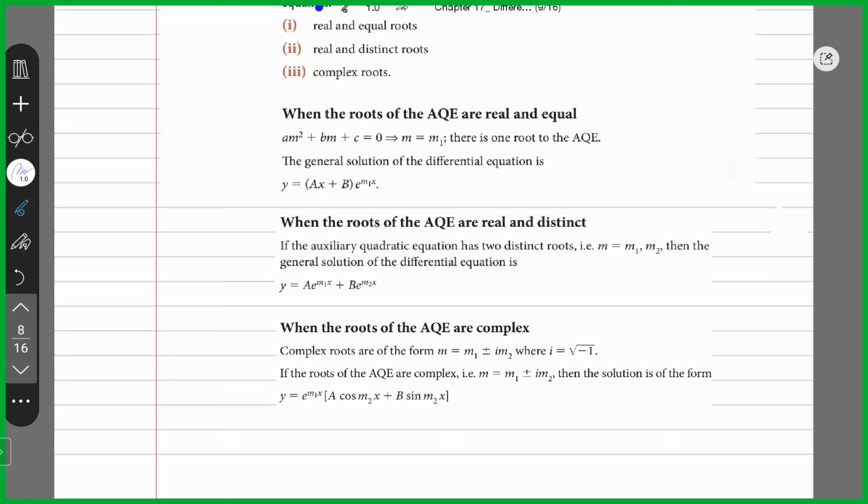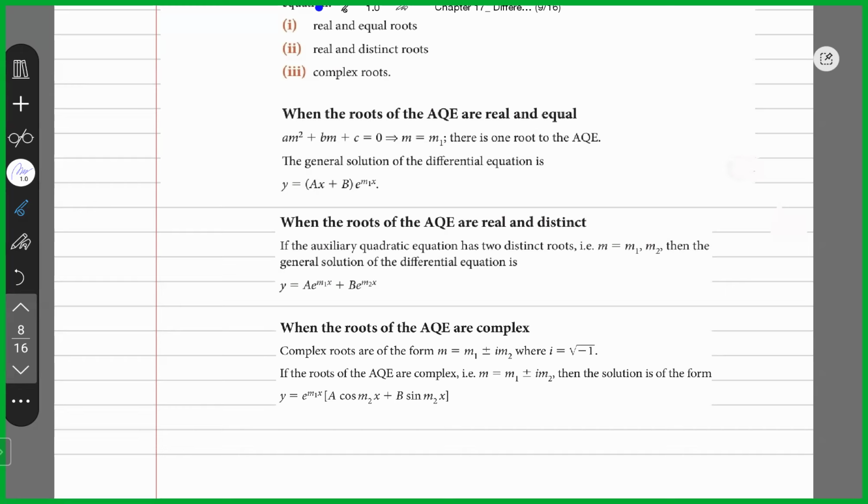Now, when the roots of the AQE are real and equal, the general solution of the differential equation is y is equal to (ax plus b) e to the m1x, where m1 is the solution of the auxiliary quadratic equation.